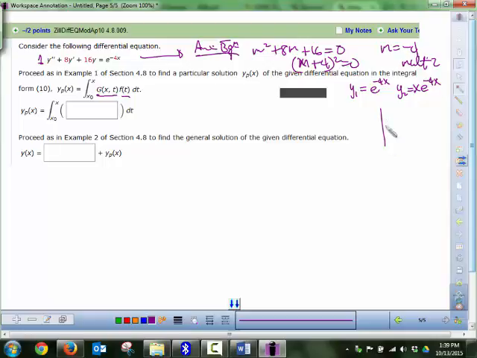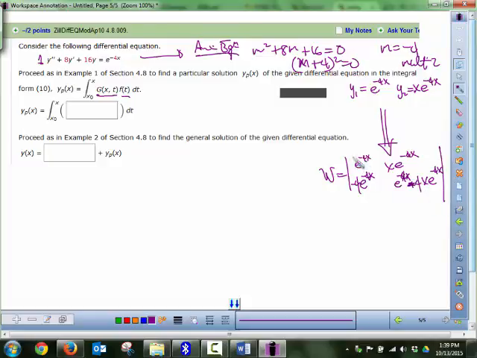So now we need to find w, our Wronskian, which is the determinant of this thing: e to the negative 4x, and then x times e to the negative 4x. The bottom row is e to the negative 4x times negative 4, and this one is the derivative of the first times the second plus the first times the derivative of the second. Then we need to find the determinant.